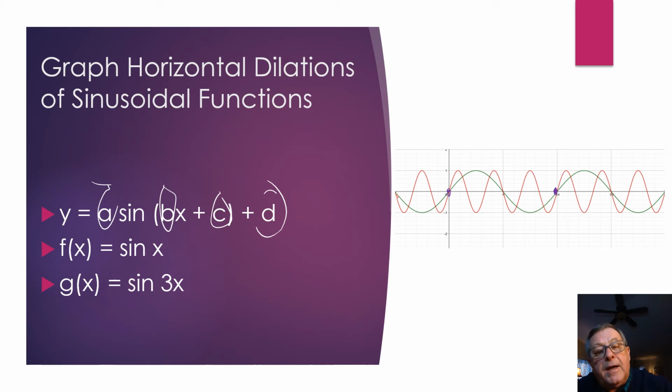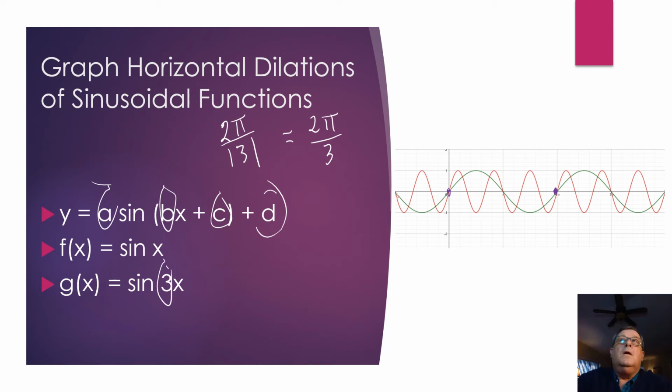First let's look at it algebraically, because we remember that to find the period, we have 2 pi over the absolute value of b, which in this case is 3. The absolute value of 3 is 3, and so our period is 2 pi over 3. Let's follow this red for a moment.